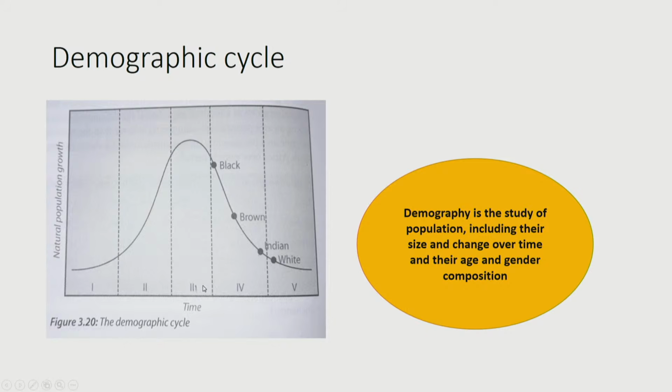On one axis you have the natural population growth, and on the other axis you have time. So let us look at what happens in each stage. And I will try not to be too fast, because today's lesson is not going to be very long.